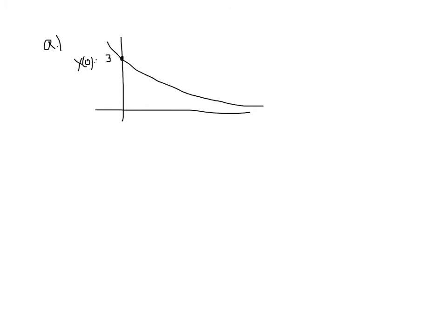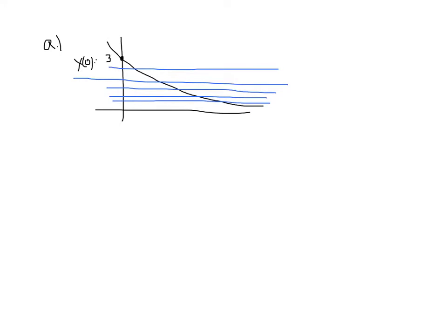Well, I'm going to change colors here and make the point that along every horizontal line, so actually I should only be drawing horizontal lines that go to the edge of the known curve. But we know that along every horizontal line, the slopes are consistent.